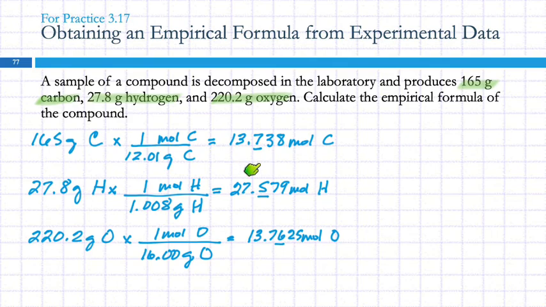So this is the smallest one, right? 13.73 compared to 13.76. So this one's going to be divided by itself. That's going to end up with, if you want to put the units in here, well, let's not. That's just a ratio of 1.